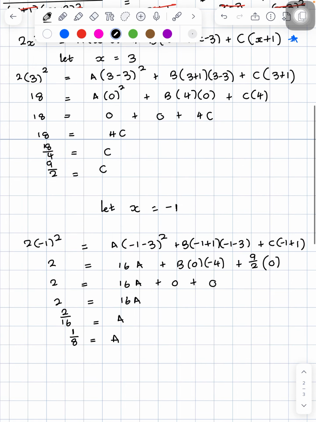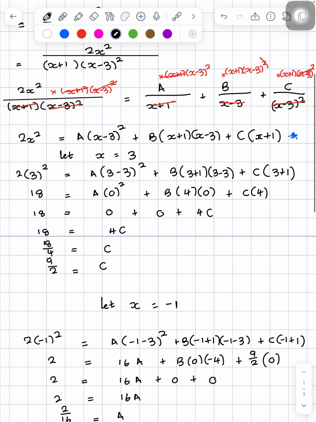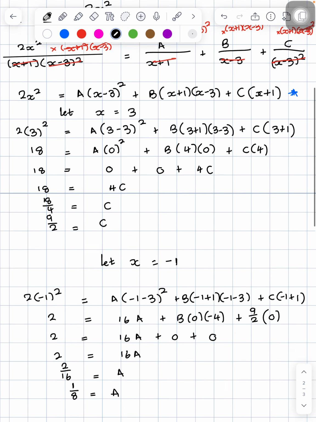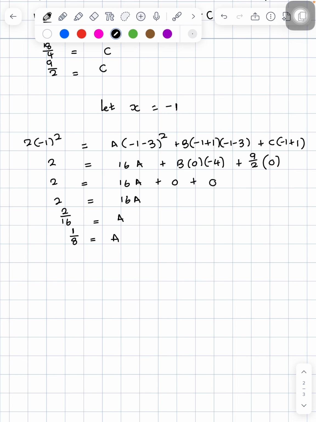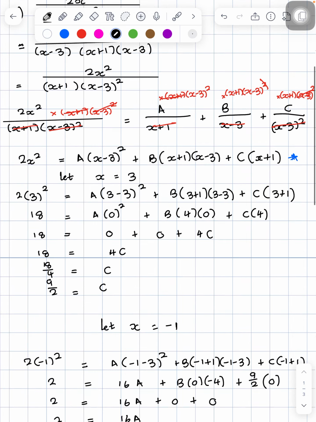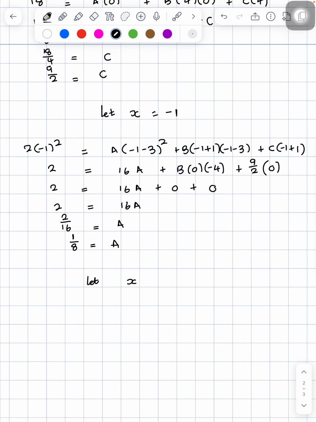So we have a, we have c, so now we need b. So if we check our expression, maybe let's choose any other value. We don't have any value such that substituting is giving us 0. So if that's the case, you choose maybe 0.